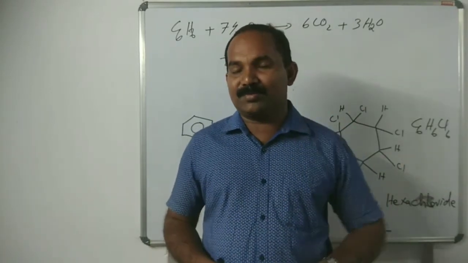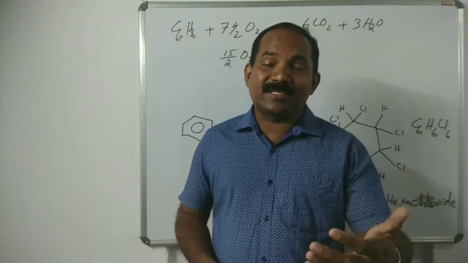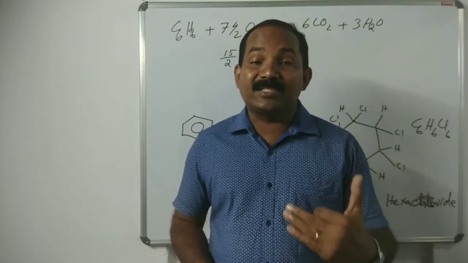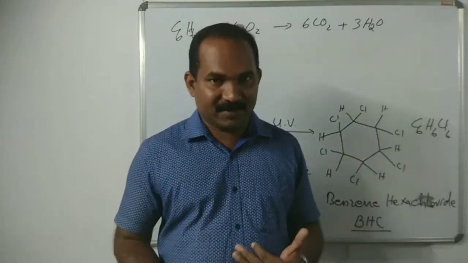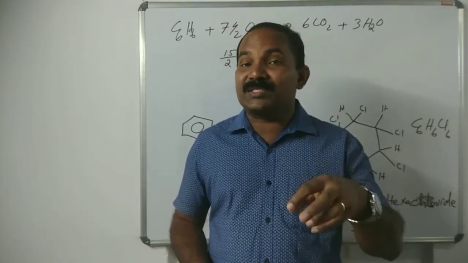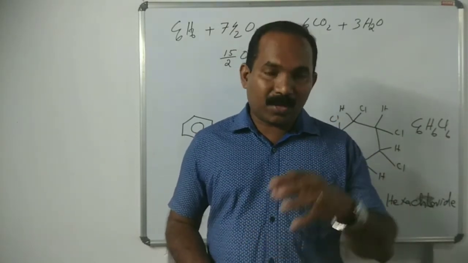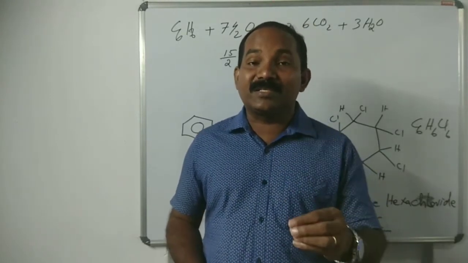A simple concept. As you know, there is positive resonance effect (plus R effect) and negative resonance effect (minus R effect). Suppose one functional group or substituent is already present in the benzene ring.